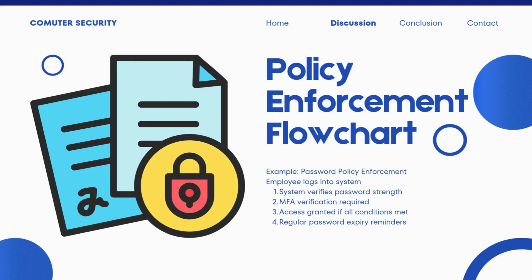Next, multi-factor authentication (MFA) is required for added protection. Only when all security conditions are met does the system grant access. Finally, users receive regular reminders before their passwords expire, encouraging them to update credentials frequently. This flow ensures that security rules are automatically enforced, reducing the chance of human error or weak passwords.